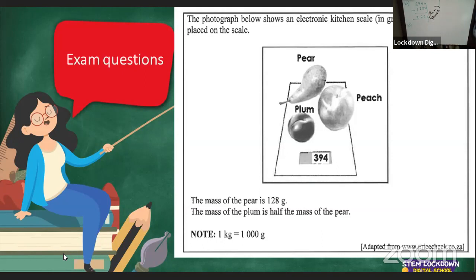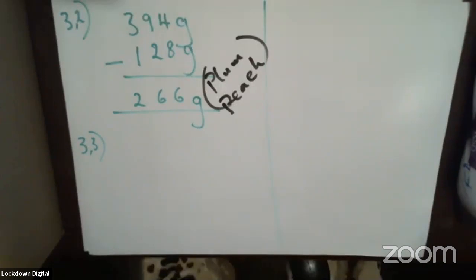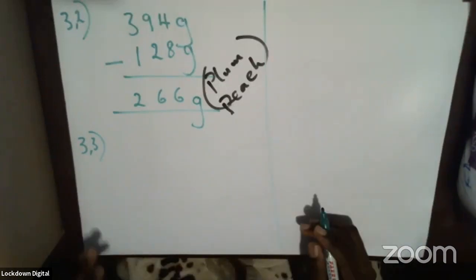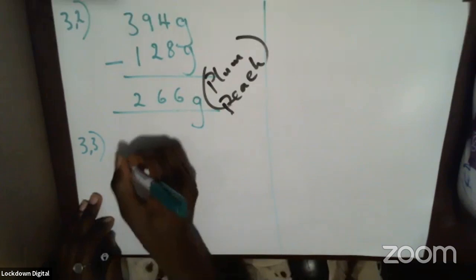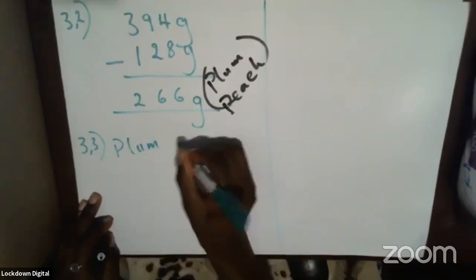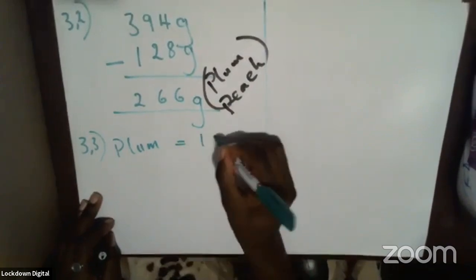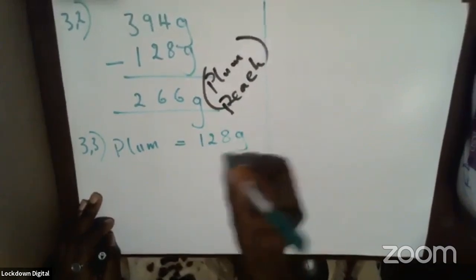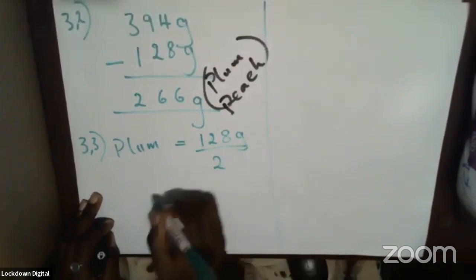But we are also given some information about the mass of the plum. We have been told that the mass of the plum is half the mass of the pear. So the mass of the plum is equal to 128 grams over 2.